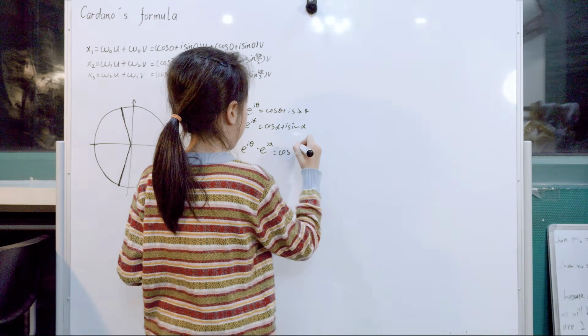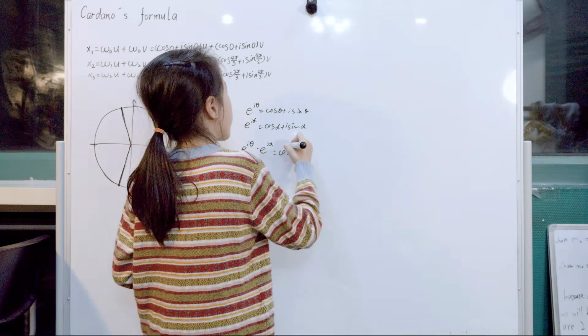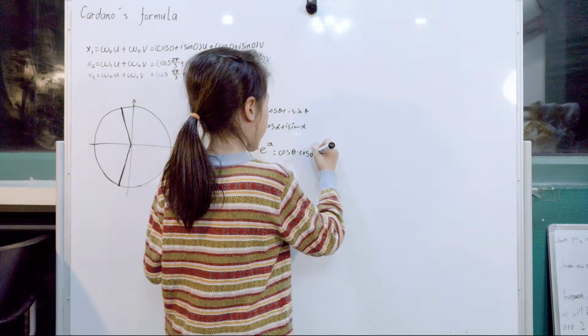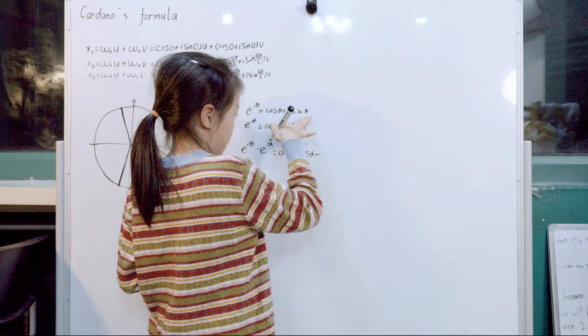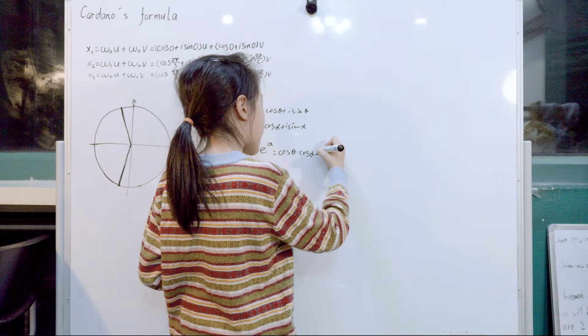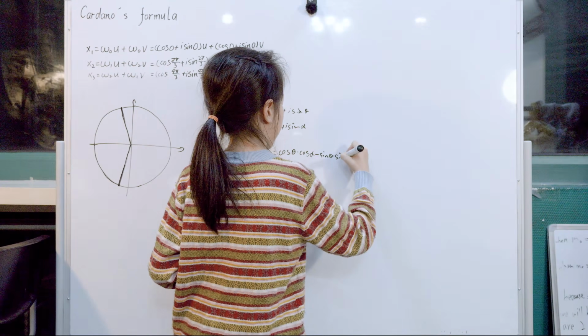So cosine theta times cosine alpha. You'll find some trick. That's going to be minus, because I think about this part times this part, so i times i gives negative 1. So negative sine theta sine alpha.